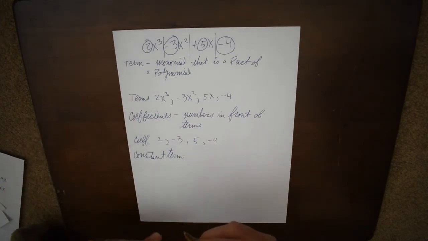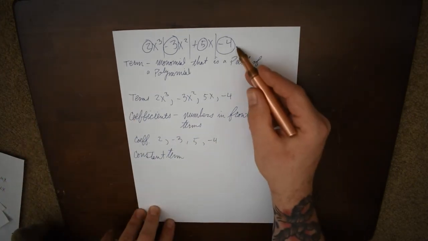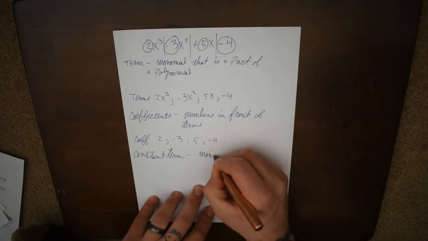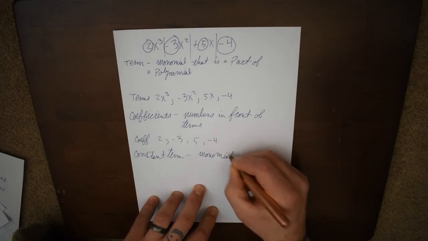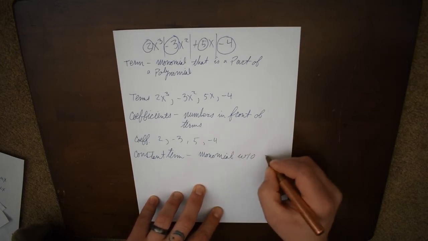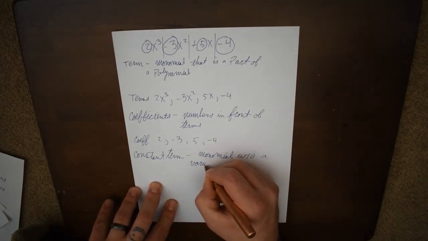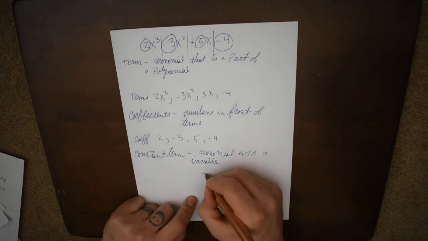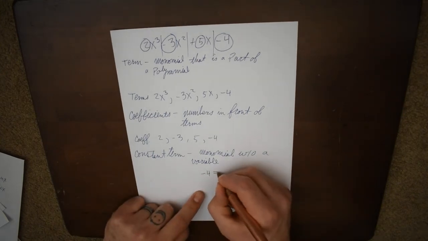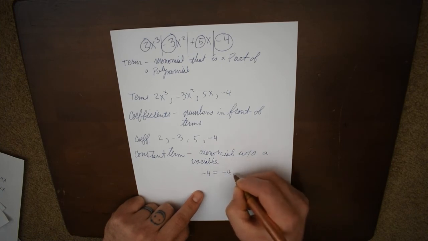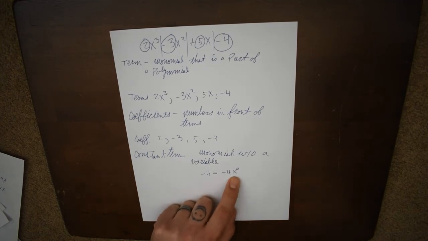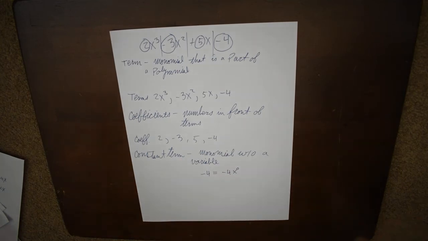The constant term in a polynomial is the monomial without any variables. That's an awkward way to say this, because negative 4 can definitely be written as negative 4 times x to the 0, because anything with an exponent of 0 is equal to 1, till you get to calculus, and there's some more to it then.